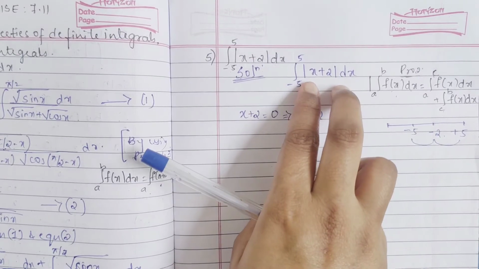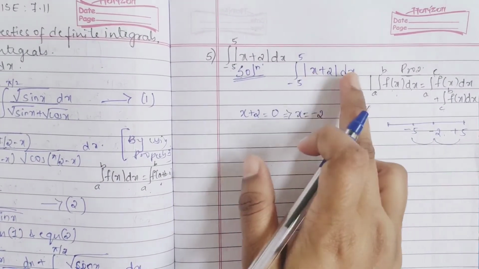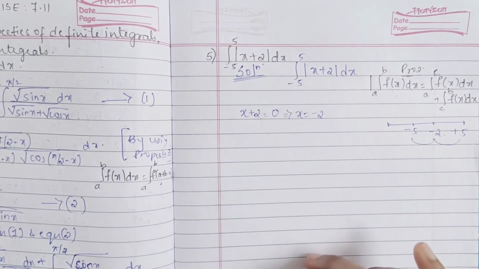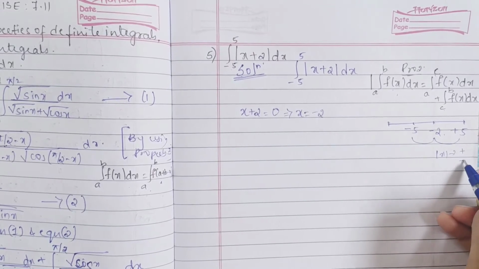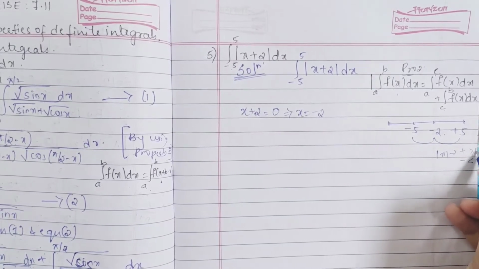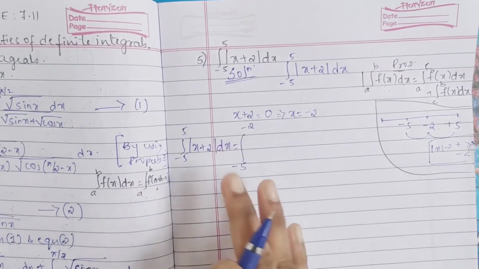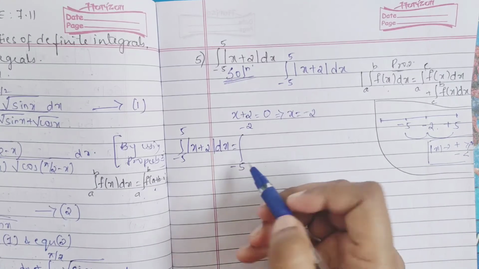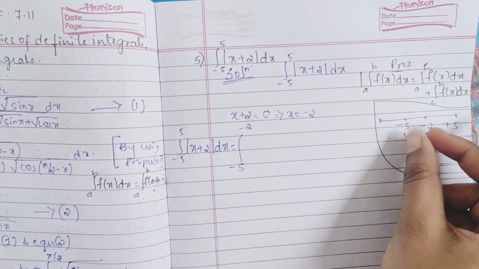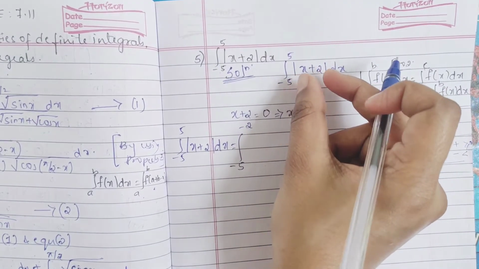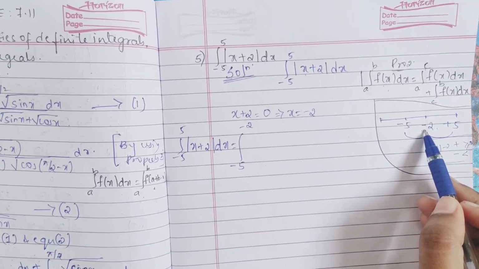Now you see, there is no formula in integration for modulus, so you have to break it. And how do we do modulus? Modulus is broken up into positive and negative parts. Now the first integral is minus 5 to minus 2. Any number between minus 5 and minus 2 that you put in place of x in this function, what will you get?